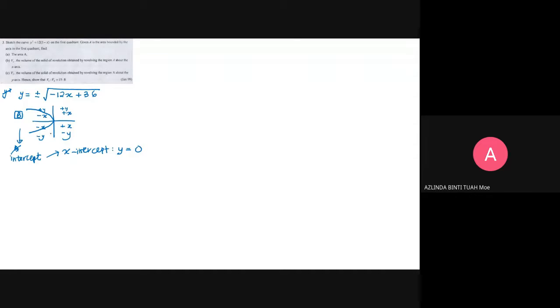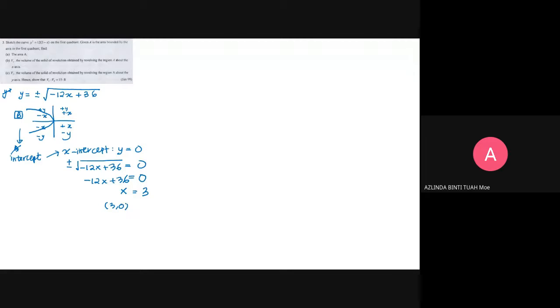So when y equals 0, plus minus the square root of negative 12x plus 36 is equal to 0. The square root of 0 squared is also 0, and then negative 12x remaining, 36. Just move around, we have x equals 3. So one of the points that we can get here is (3, 0).